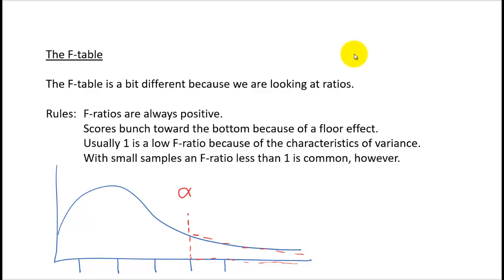So when we have an F ratio, we are comparing it to a distribution where we have a starting point of 0, meaning that the ratio of variances within and between. F is equal to the amount of variance between and the amount of variance within.